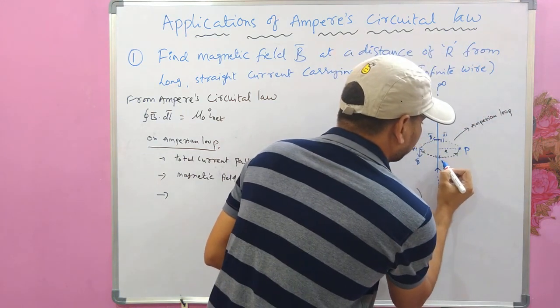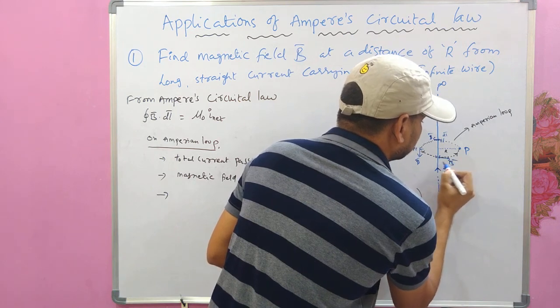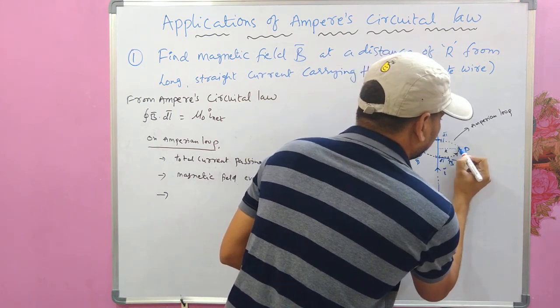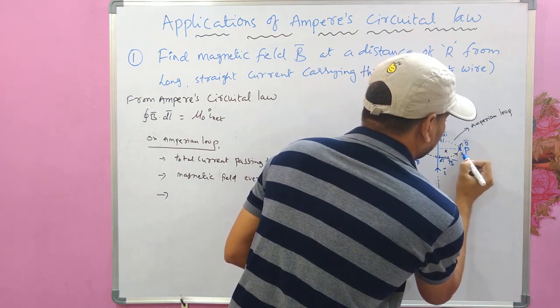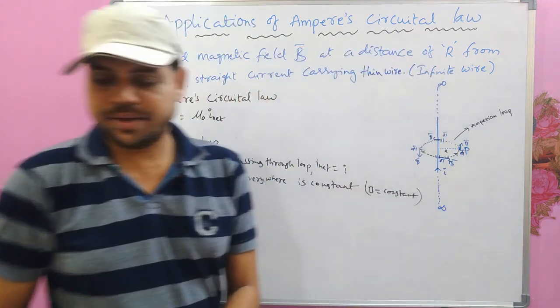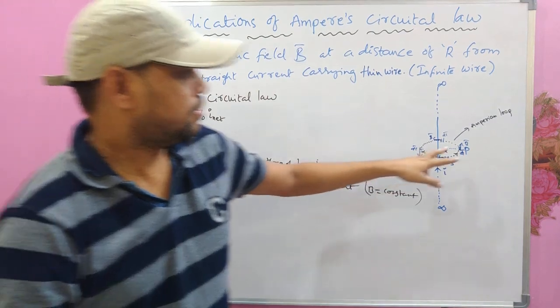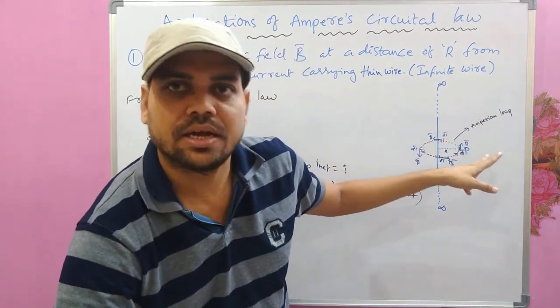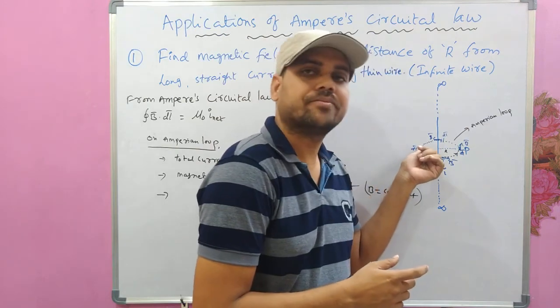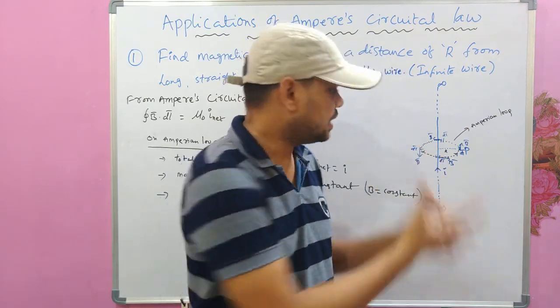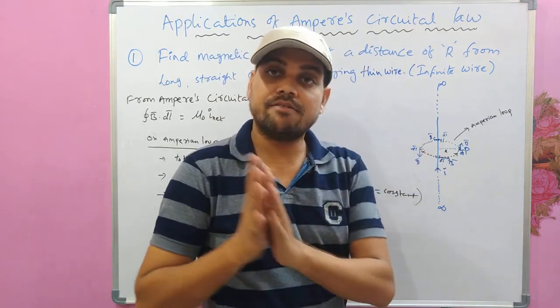And here, the magnetic field direction is this. Here too, the magnetic field direction is this. Which means the magnetic field is along the small segment that we have considered on the loop everywhere.